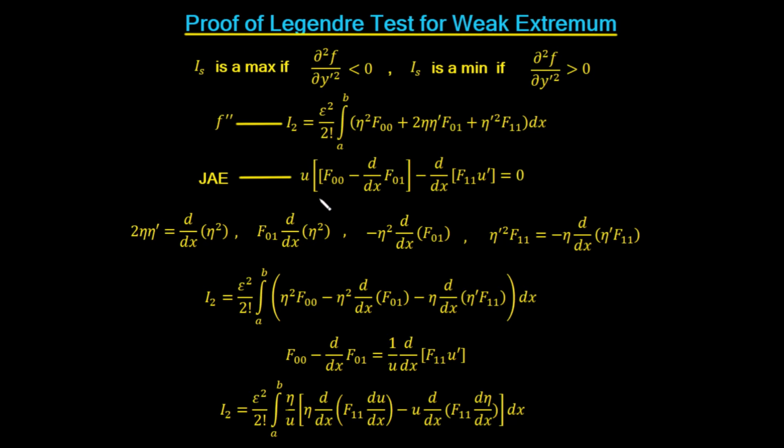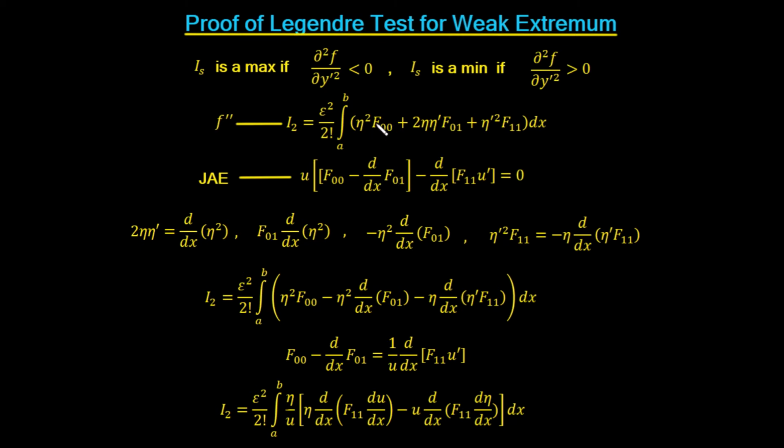Before we get started on the details, you can roughly see how we're going to go about this. We don't want the terms f01 and f00. We really just want to be left with the f11 term within this equation. We can see how we're going to do that via this accessory equation, because the accessory equation has this factor here, f00 minus d by dx f01.